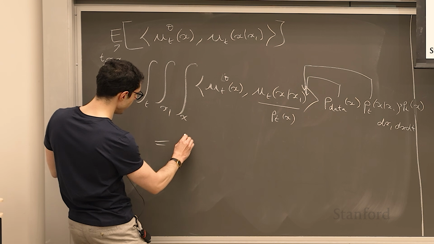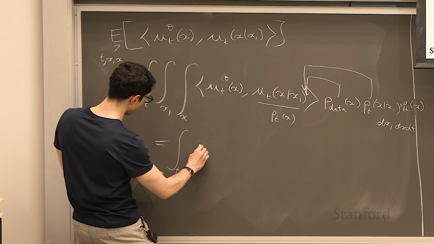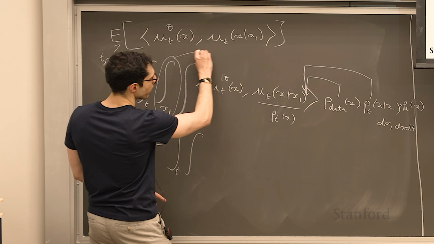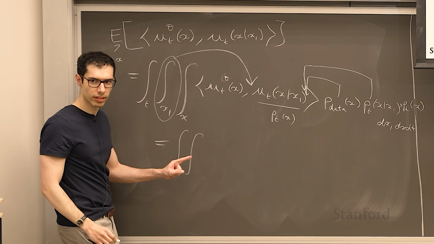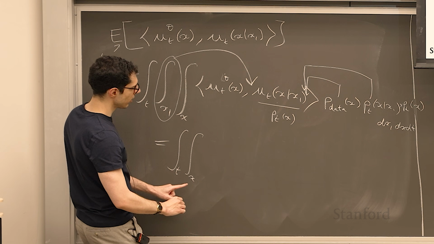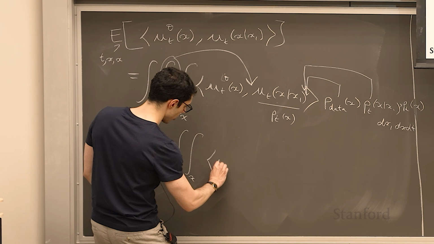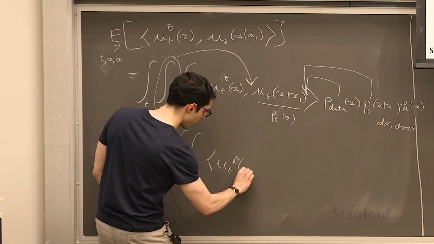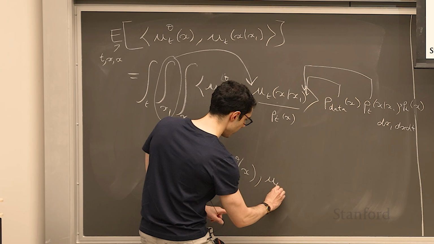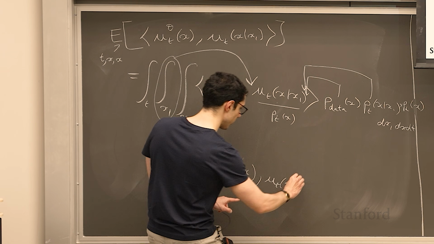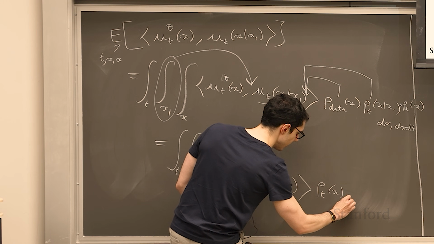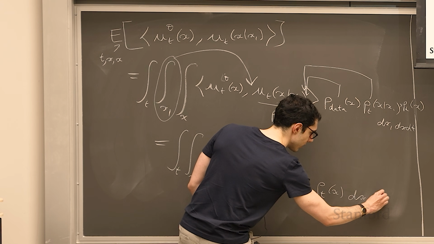So this is going to be equal to the integral over t, the integral over x1 also comes here, integral over x of u_t^theta of x and this u_t of x, which is the marginal vector field, times this marginal probability path p_t of x, dx dt.